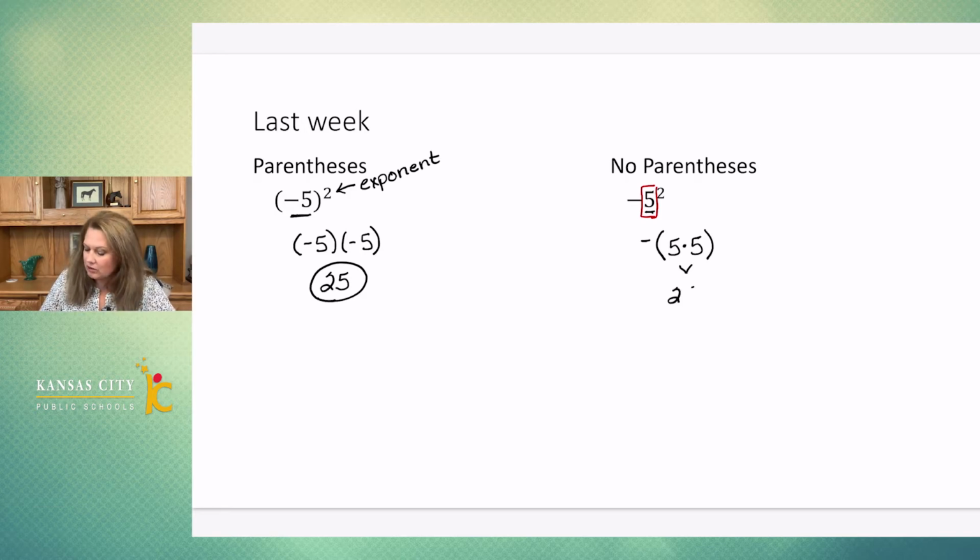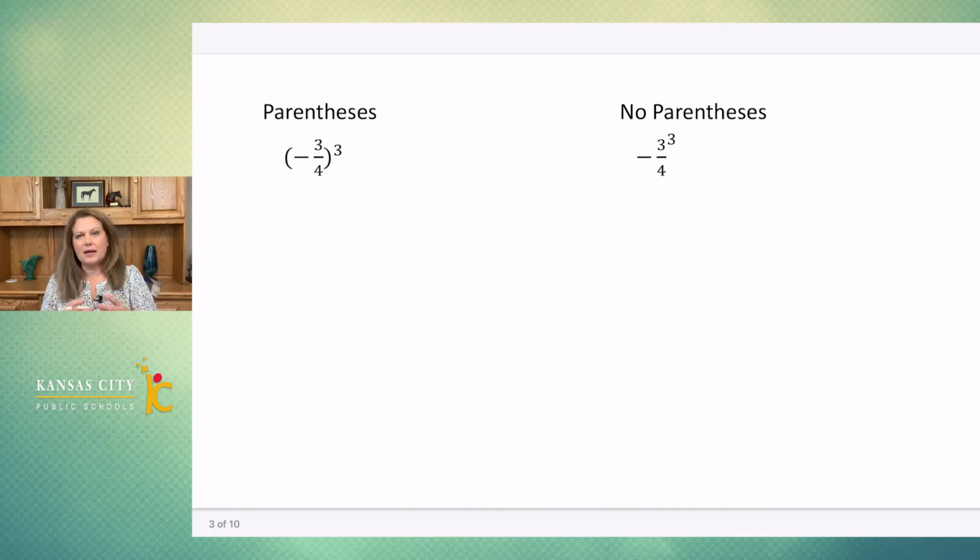So in this particular case, 5 times 5 is 25. I'm going to bring that opposite down, and my product is going to be -25. So last week, I hope you remember, parentheses makes a difference when we're talking about powers and applying that factor, or that base, with our exponent.